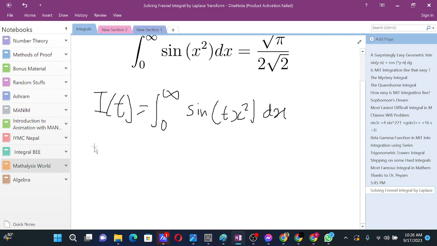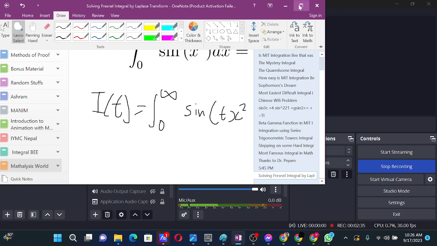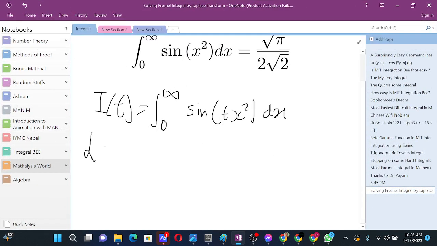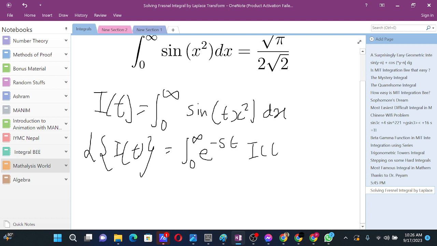Now let's begin. We are going to take the Laplace transform of this integral. The Laplace transform of I of t is the integral from 0 to infinity of e to the power minus st times I of t dt. So this is the Laplace transform.